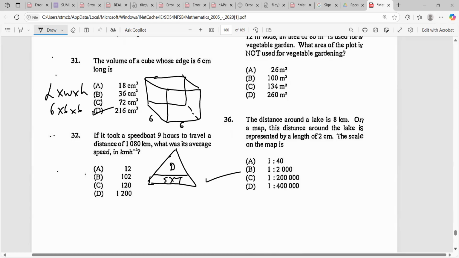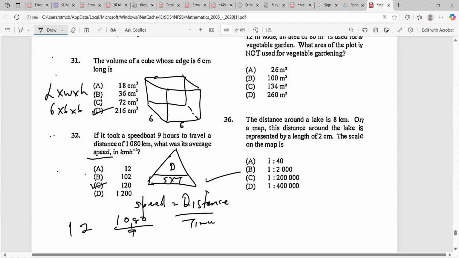But what they want is the speed. So speed is equal to distance over time. Now the distance is 1,080 over 9. 9 into 10 goes 1 time, remainder 1, then you have the 8. So 120, right?